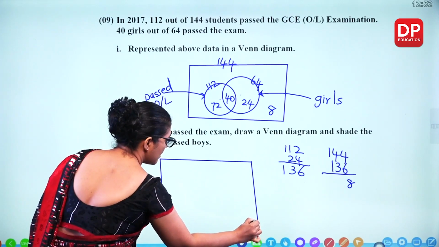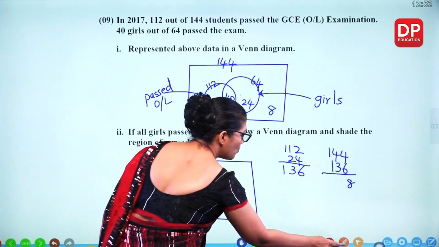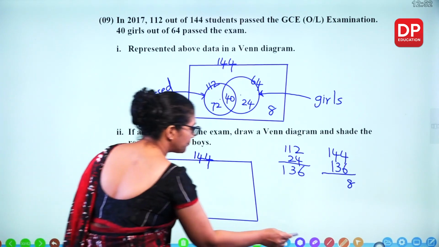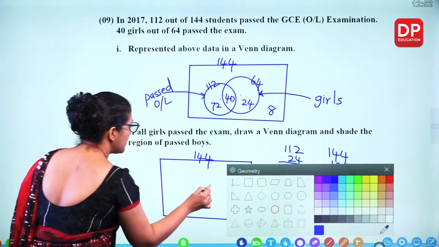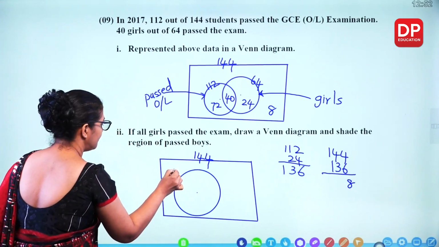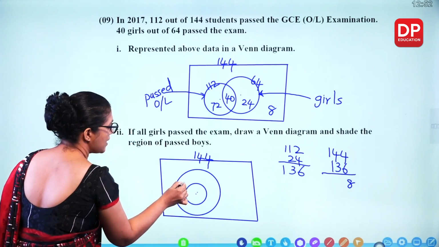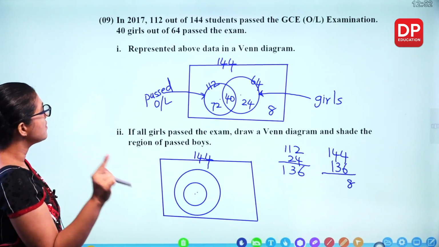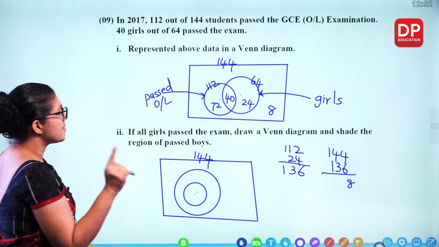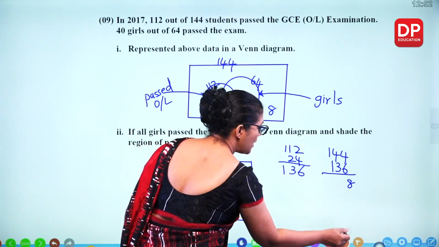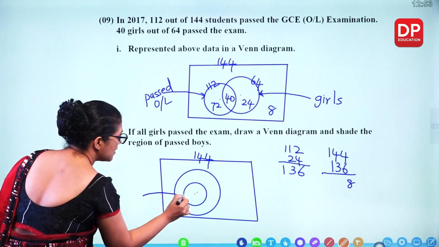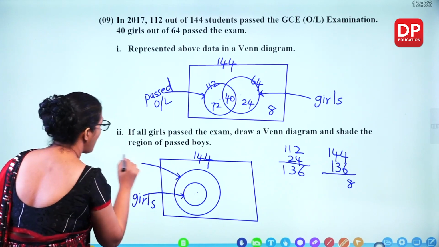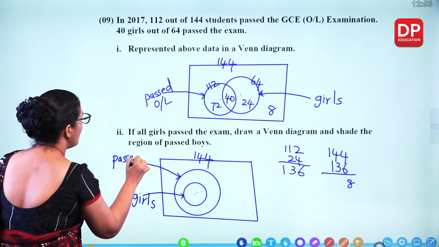This is 144 altogether, and you need a circle and a circle inside, because all girls pass the exam. So girls circle should be inside. So this is girls and this is passed O-level.